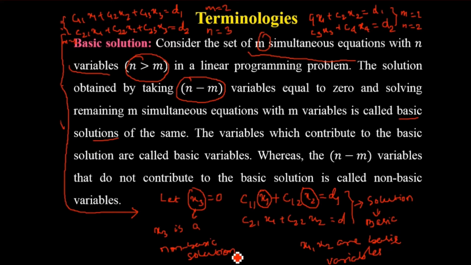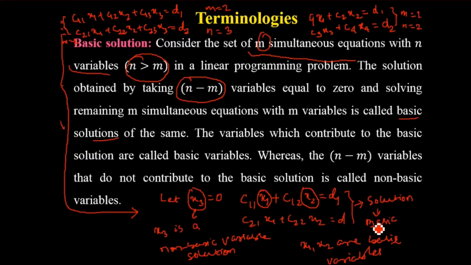But if the number of simultaneous equations is less than the number of variables, then we can take some of the variables as 0, and those variables we consider as non-basic variables, and those contributing to the solution are called basic variables. I hope it is clear.